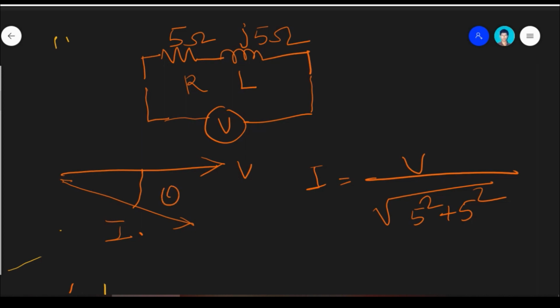It will be tan inverse of 5 by 5, which is equal to 1.